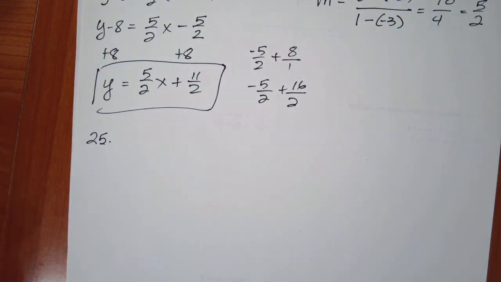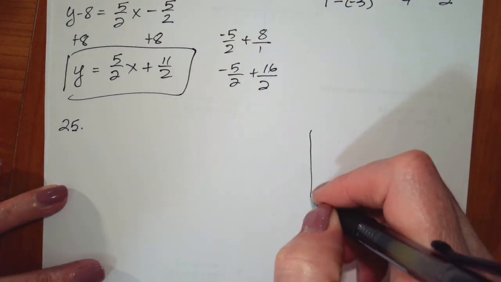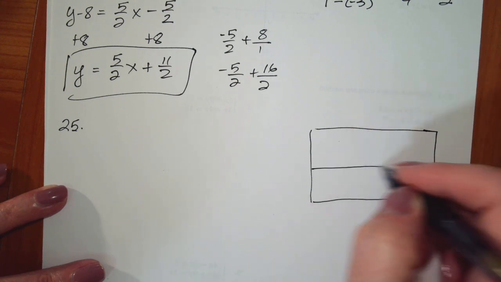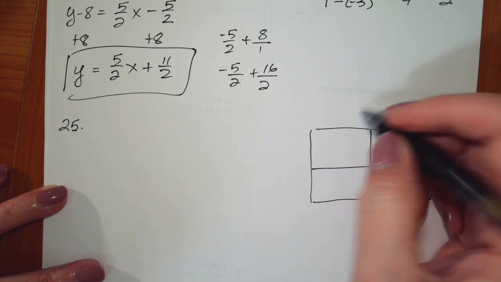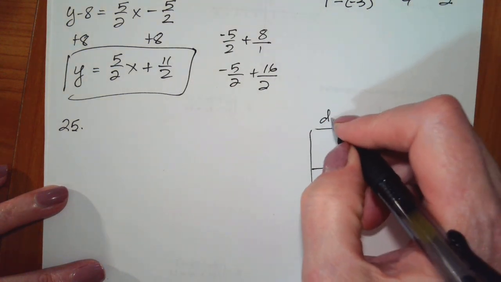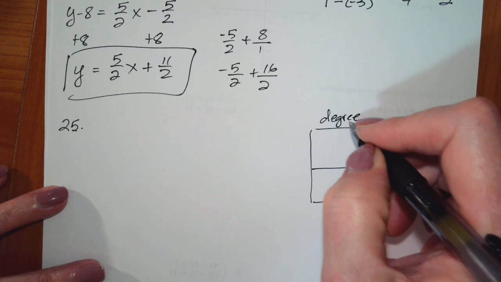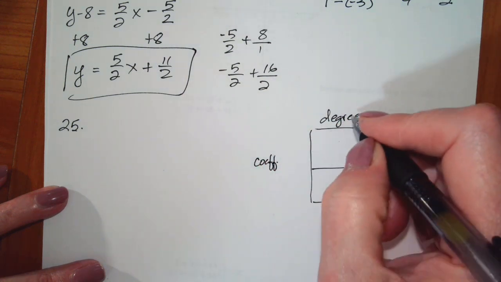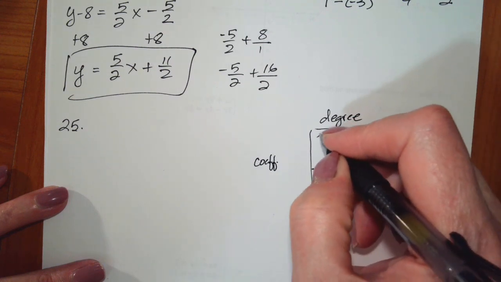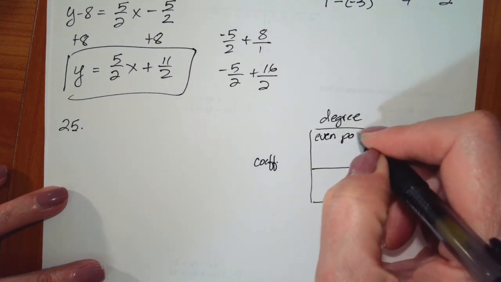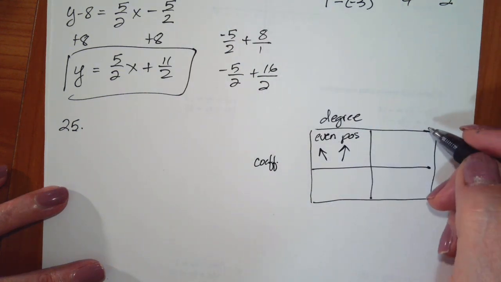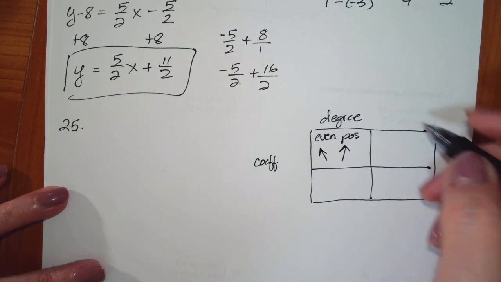We want to describe the end behavior of each function in proper notation. Now remember, for this, your end behavior is based on the degree and the coefficient. Okay. So if the degree is even and it's a positive coefficient, then the ends go the same direction.